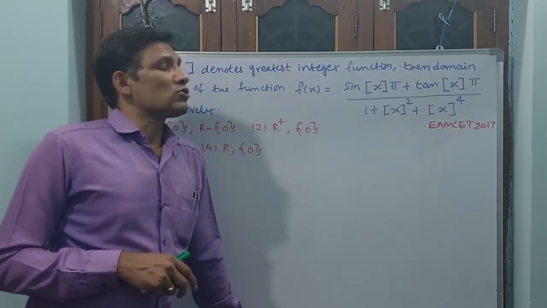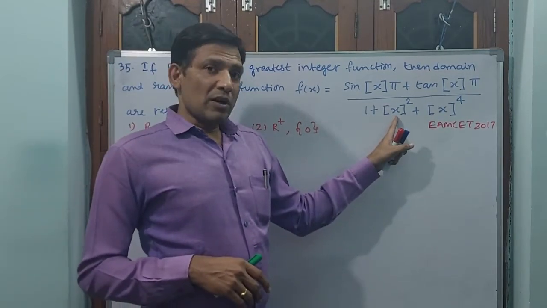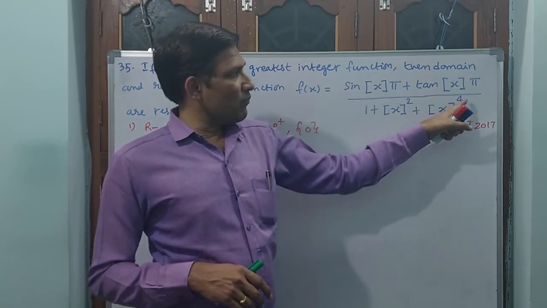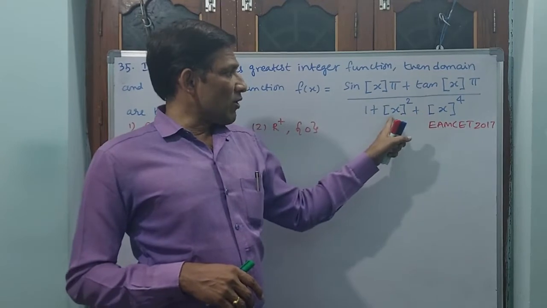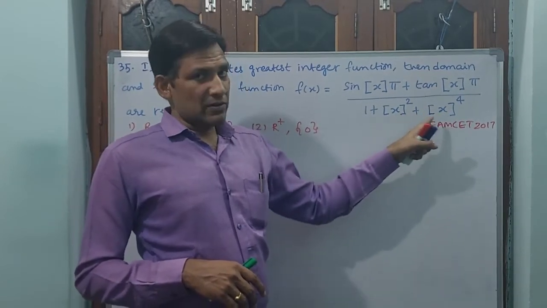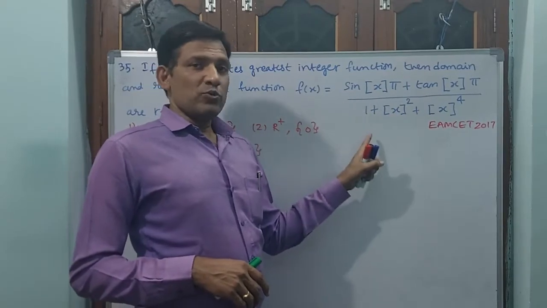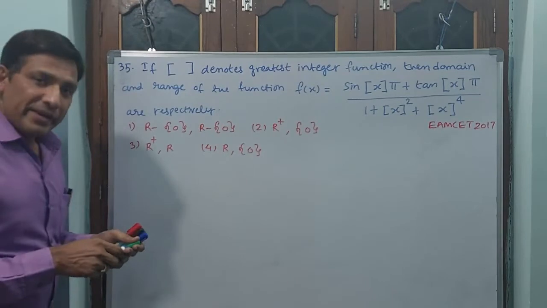No. Because even if minus 1 comes, the square is going to make it plus 1, and the power of 4 is also going to make it plus 1. That means these terms always become non-negative, so the denominator has no problem for real number input.